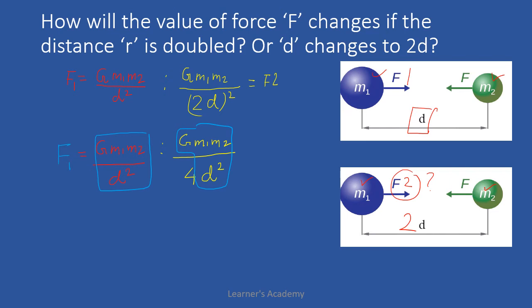So if we put F1 over here, we get the force 2 will be 1/4 the force. So the force between them becomes 1/4 the initial force. The initial force was F1, so F2 is 1/4 of that. Alright, so this is how you will calculate.